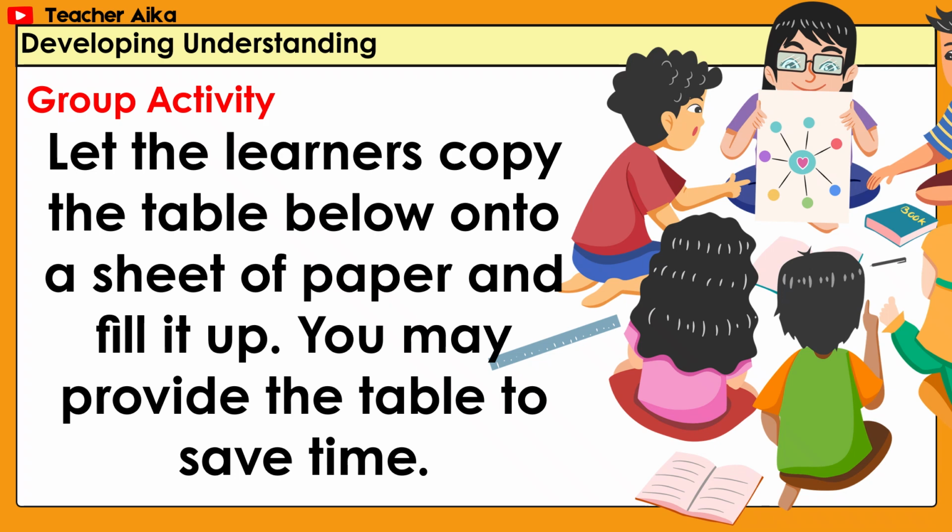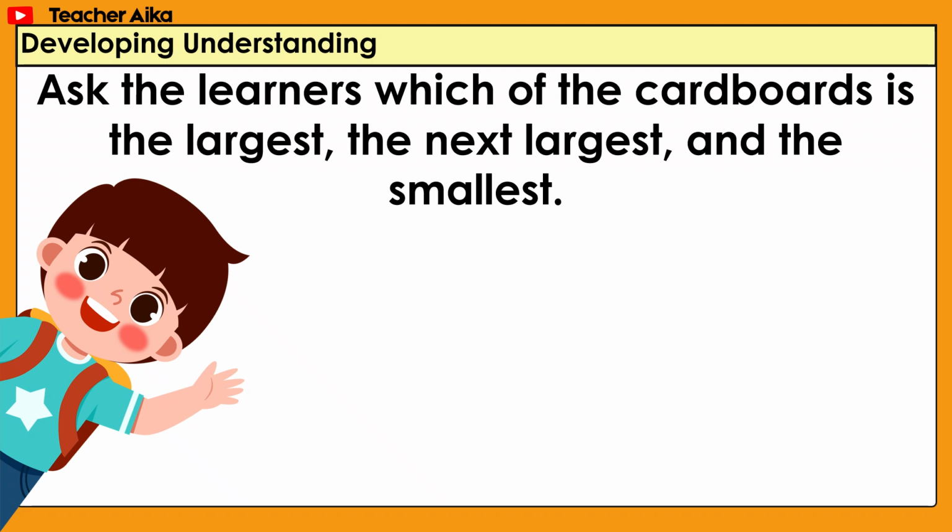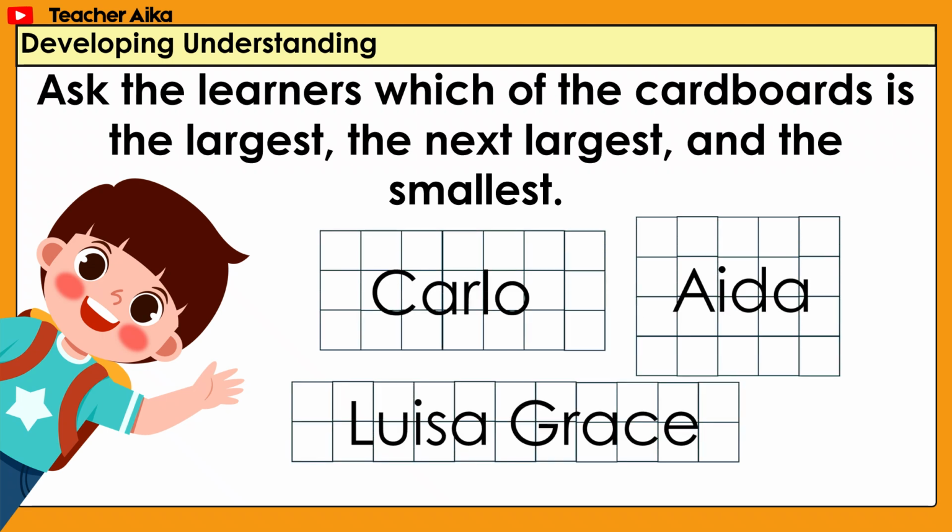Let the learners copy the table below onto a sheet of paper and fill it up. You may provide a table to save time. Here's the table. First column, name tag. Second column, number of square tiles or cutouts. Ask the learners which of the cardboards is the largest, the next largest, and the smallest.